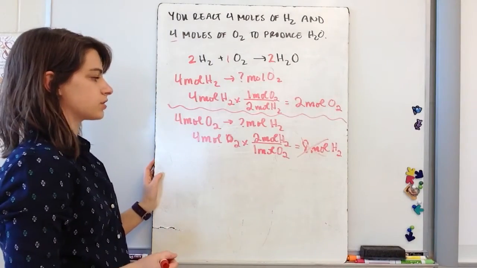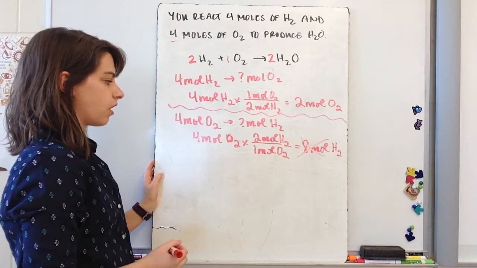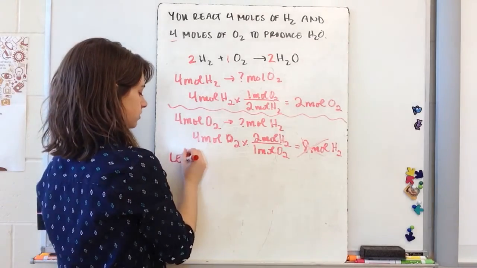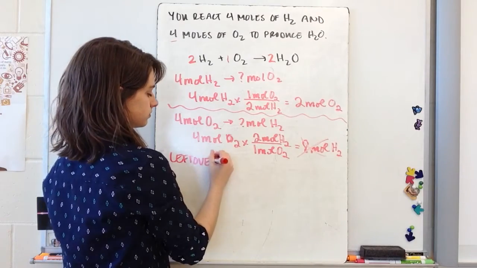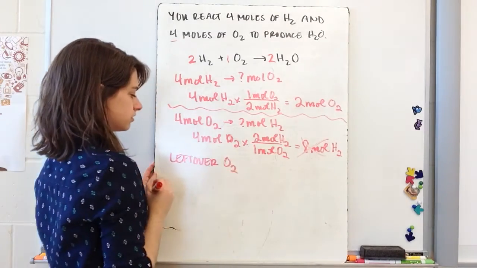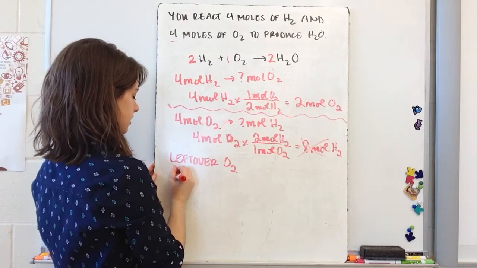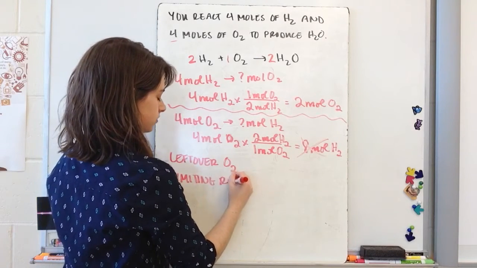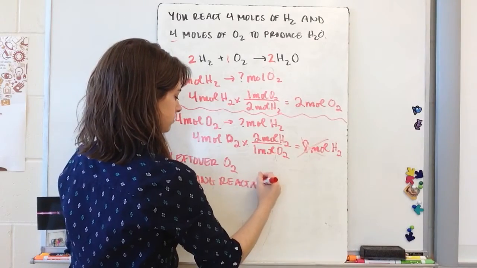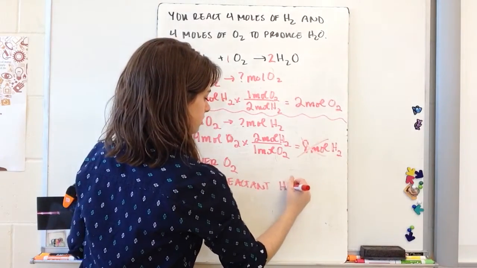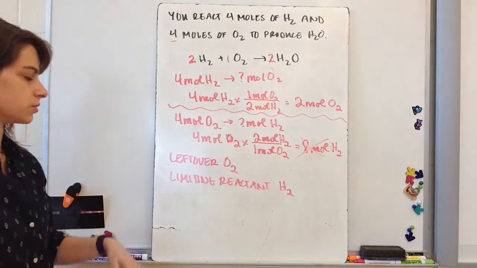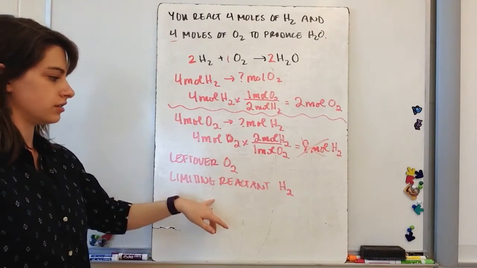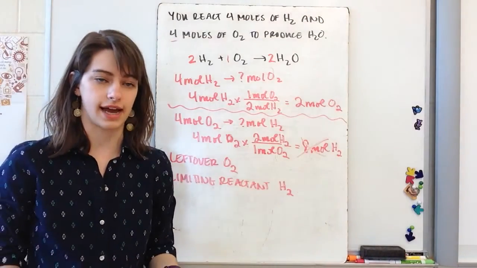So we are not going to react all 4 moles of O2, which means we will have leftover oxygen, which means that our limiting reactant is our hydrogen. Because we're going to have leftover oxygen, we're going to run out of our hydrogen, so our hydrogen is considered our limiting reactant.